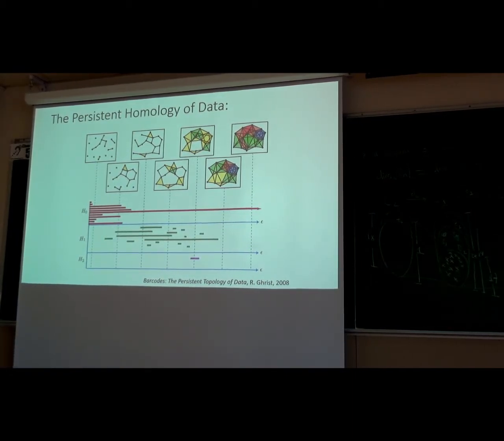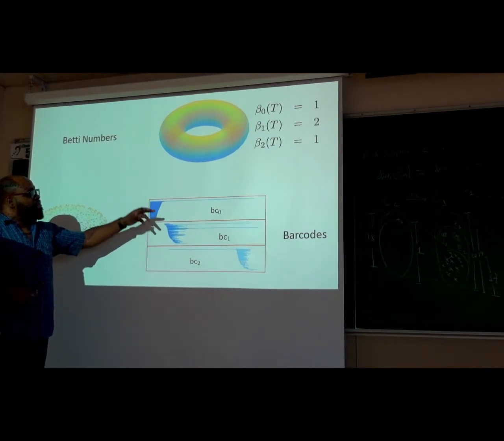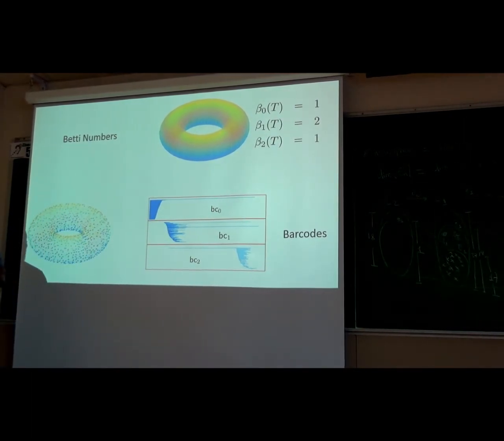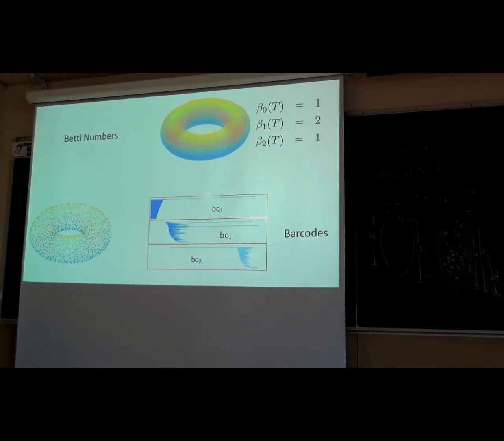Okay, that's what we would like. And if things go well, then the collections of bars that we get should mimic what the Betti numbers do for the continuous spaces or the simplicial complexes that we've constructed. So that's where we're going.